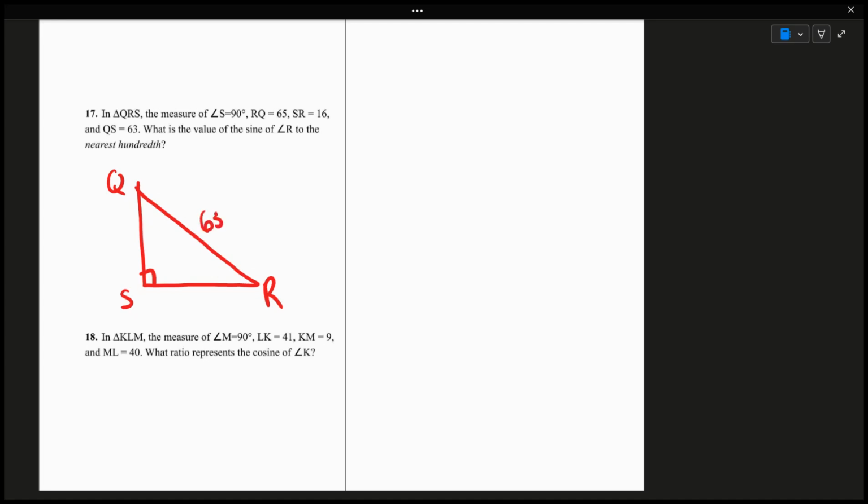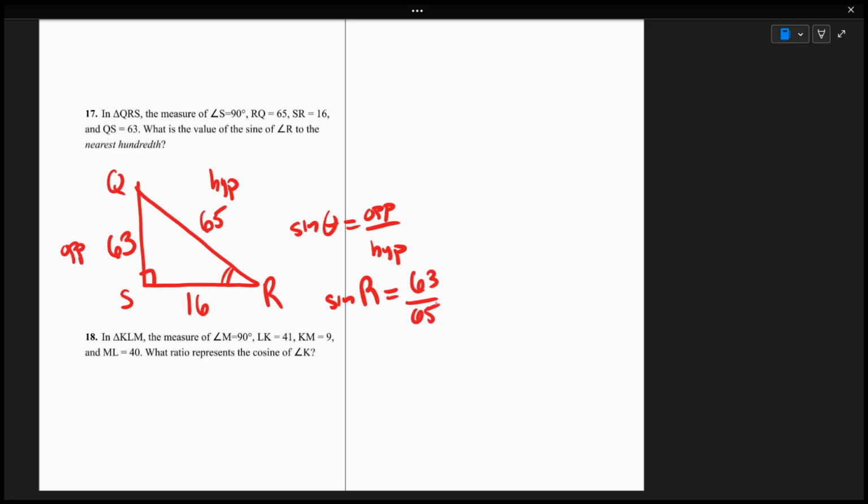Length of segment RQ 65, length of segment SR 16, length of segment QS 63, the value of sine R. So there's R, they want opposite over hypotenuse, right? The sine of theta is equal to opposite over hypotenuse. So the sine of angle R is equal to 63 over 65.